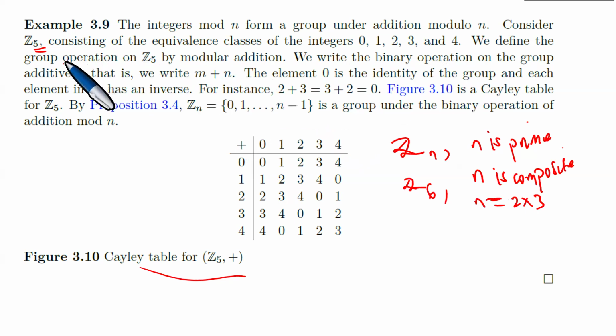We define the group operation on Z5 by modular addition. So we write the binary operation on the group additively, that is, we write m plus n. The element 0 is the identity of the group, and each element in Z5 has an inverse.